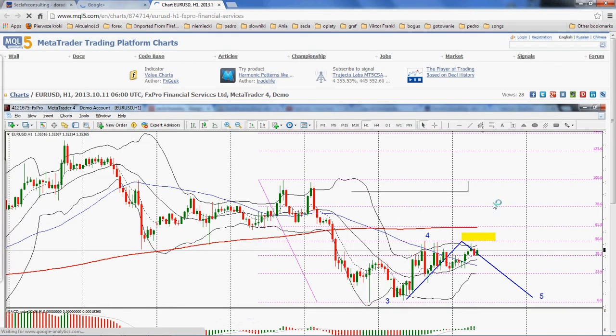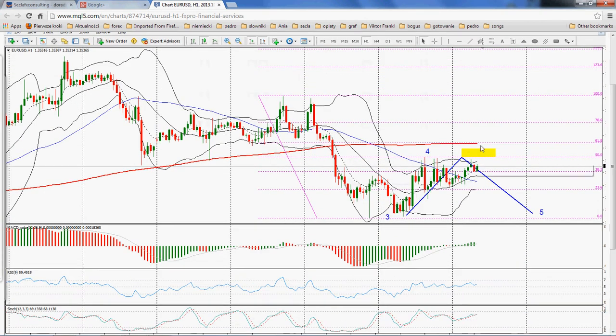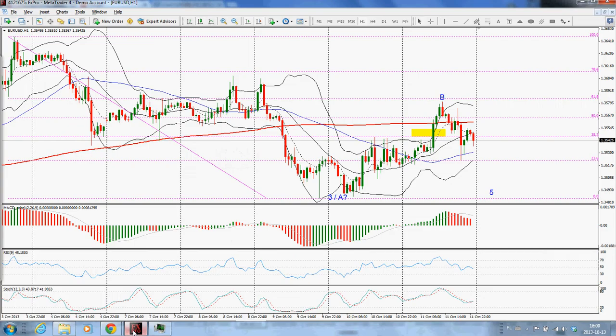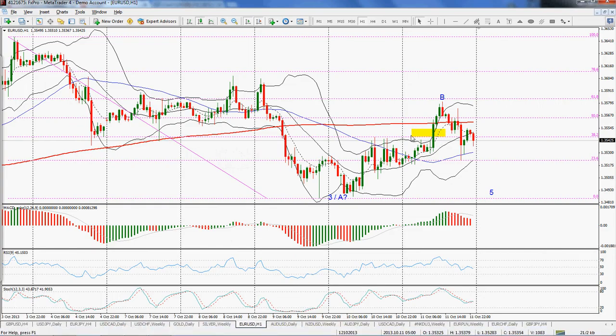I said that it doesn't look like a perfect trade setup here. I was also writing a little bit about trading on Fridays, so you can check regularly what I'm writing here, because I'm preparing my subscribers for the coming trade setups and moves. And as you can see, that wasn't a perfect trade setup. The market broke through that to the upside.